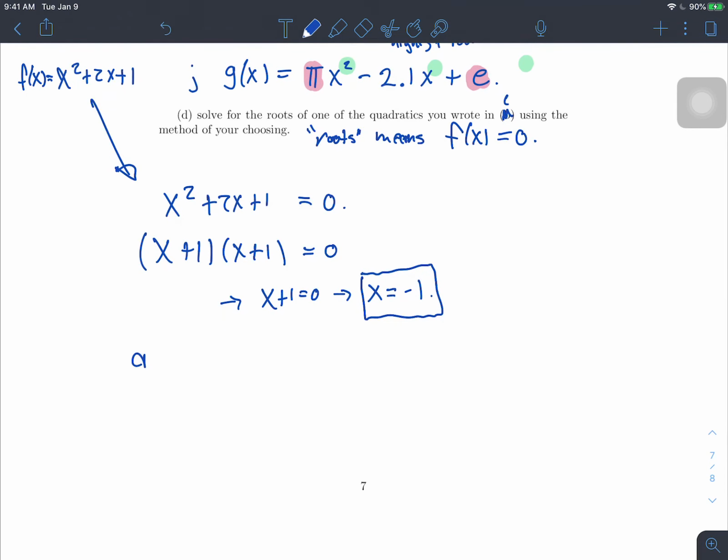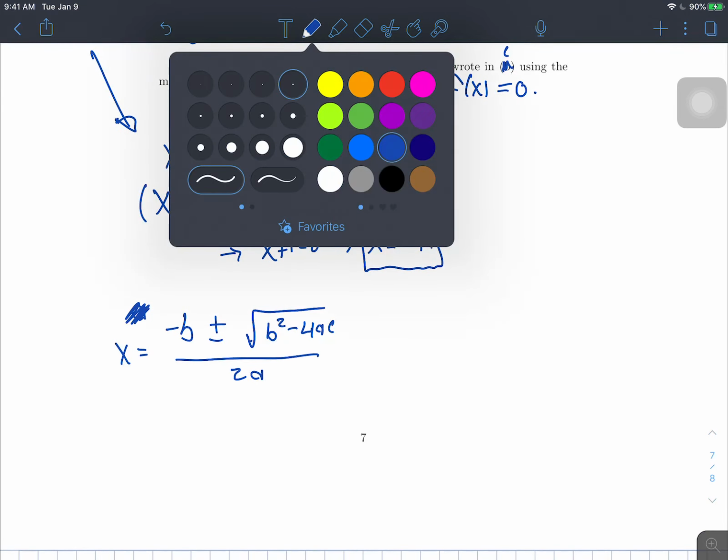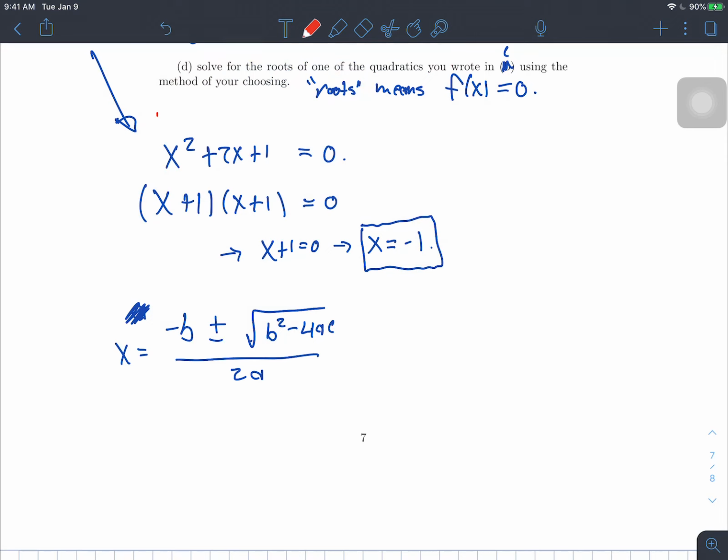Now if I were to say, use the quadratic formula, which if you don't remember, it's -b plus or minus the square root of b squared minus 4ac, all divided by 2a. First thing I need to remember is that a here is just 1, b here is 2, and c here is 1.